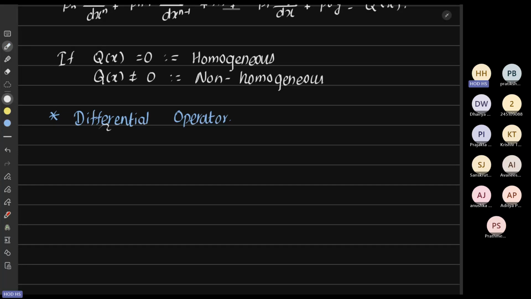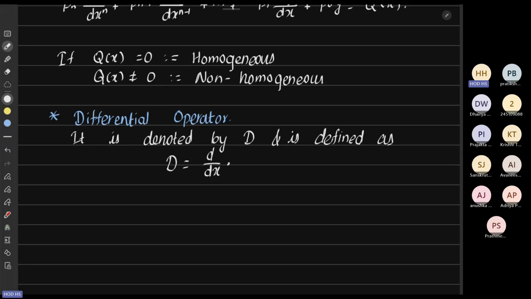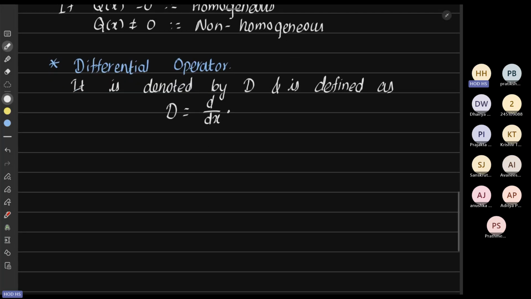It is denoted by capital letter D, and it is defined as D equals d by dx. So it represents the first order derivative. By Dy, I mean dy by dx. By D square y, I mean d square y by dx square, and so on.